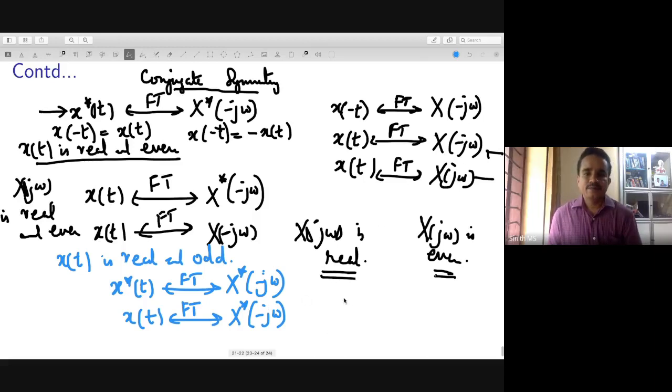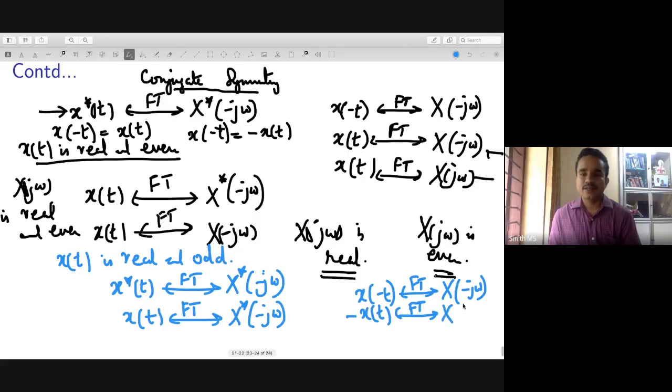Similarly, x of t is odd means you take x of minus t. x of minus t has a Fourier transform x of minus j omega. But x of minus t is minus x of t because x of t is odd. So x of t has a Fourier transform minus x of minus j omega.